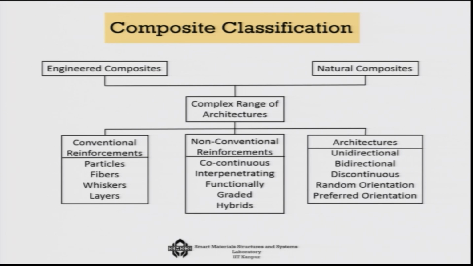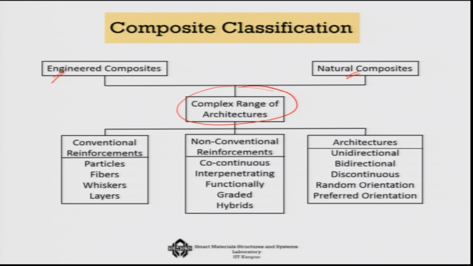Now, when we talk about composite classification, we will actually talk about two groups, basically engineered composite and natural composite, and these things can be arranged in complex range of architectures. Of course, natural composite itself comes with a complex architecture, but engineered composites are artificially designed with complex architectures in order to derive special type of activities from them.